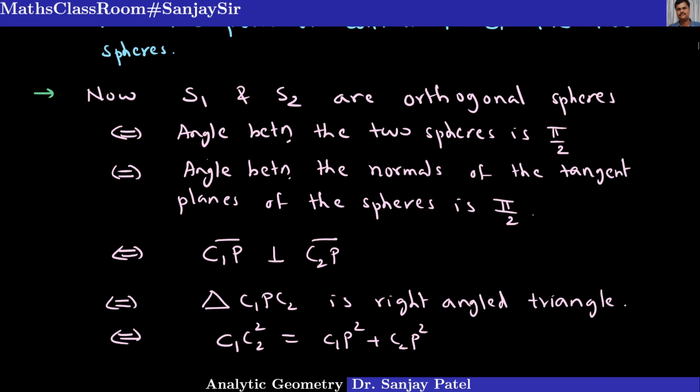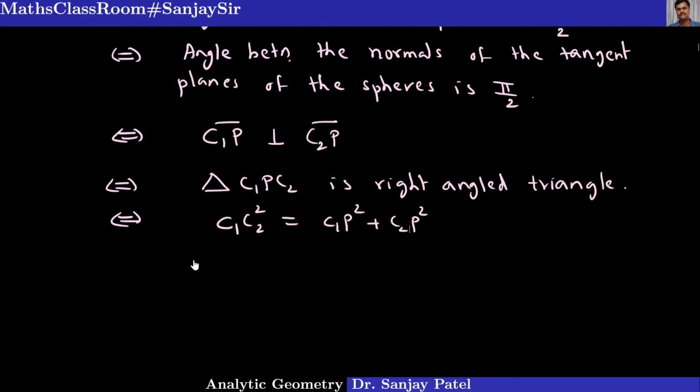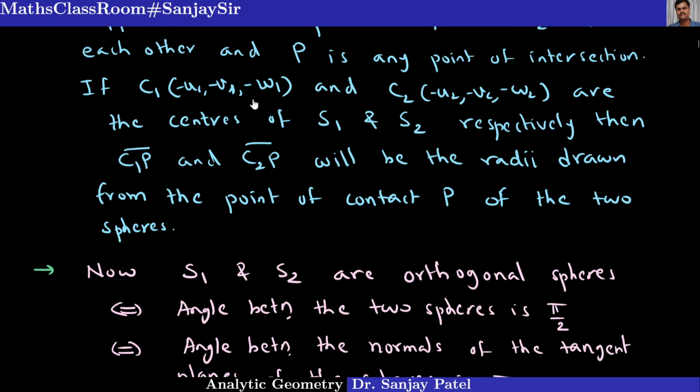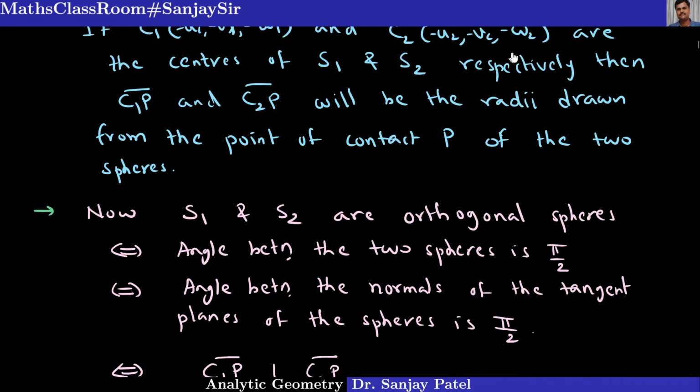We know what C1 and C2 are. They are the centers of the spheres which we have written earlier. C1 is (minus u1, minus v1, minus w1), and C2 is (minus u2, minus v2, minus w2).